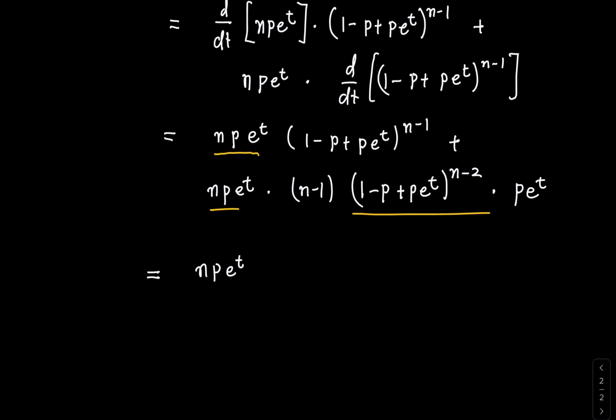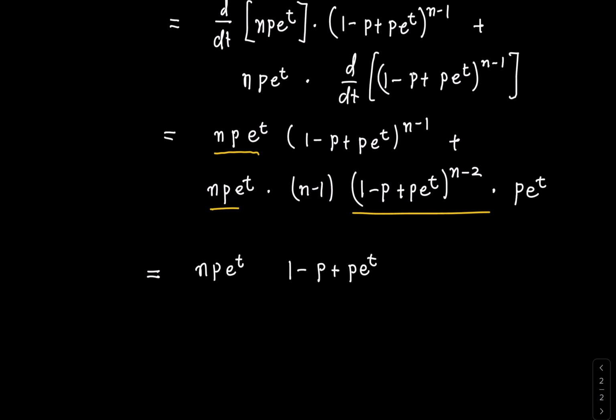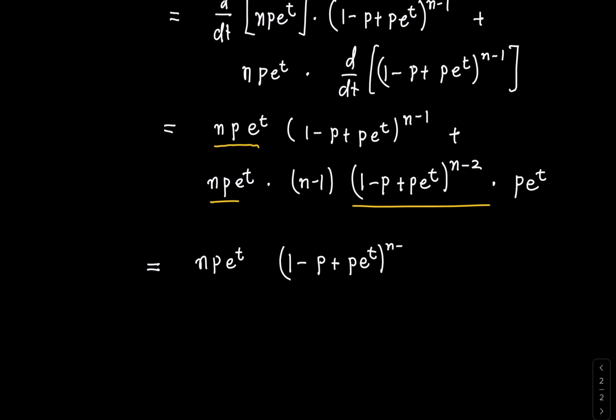That can actually be rewritten as 1 minus p plus p e to the t to the power of n minus 2, multiplied by 1 minus p plus p e to the t. Again, because this is theoretically to the power of 1, and then using our power laws, the 1 plus the n minus 2 gets you back to n minus 1, hence why we can write it in that expression. For now, I'm just going to remove that power, so it's a bit cleaner.